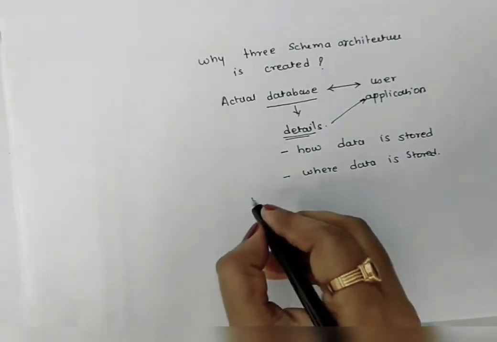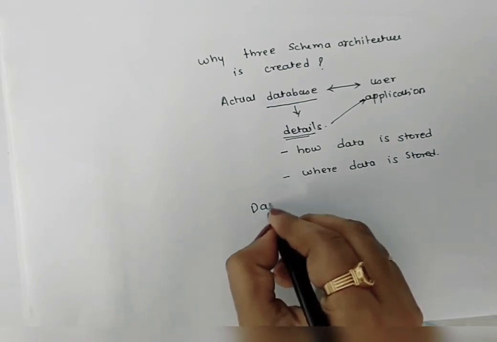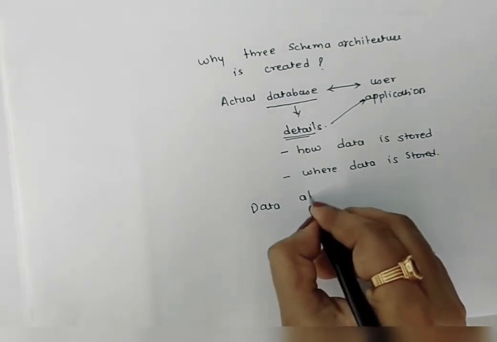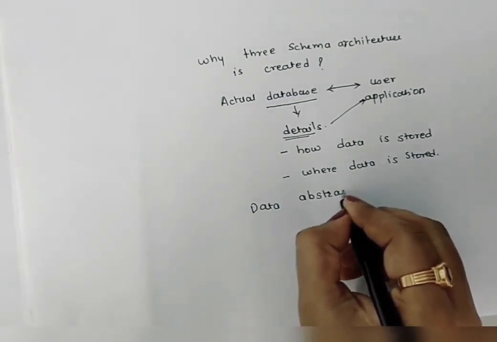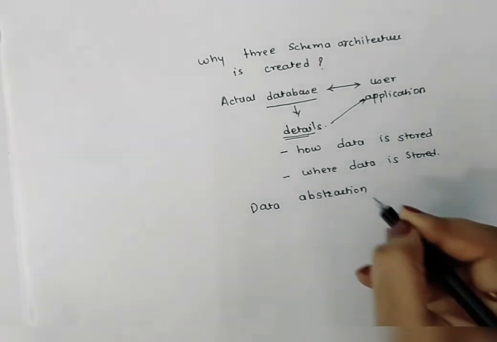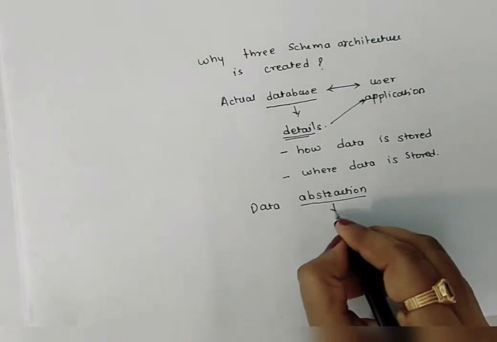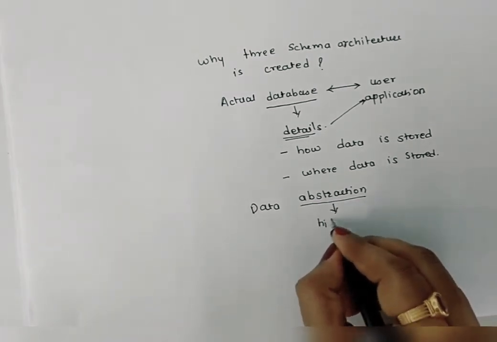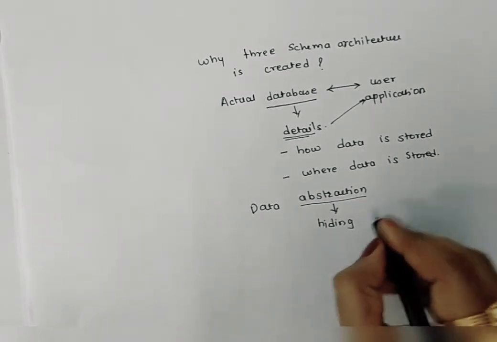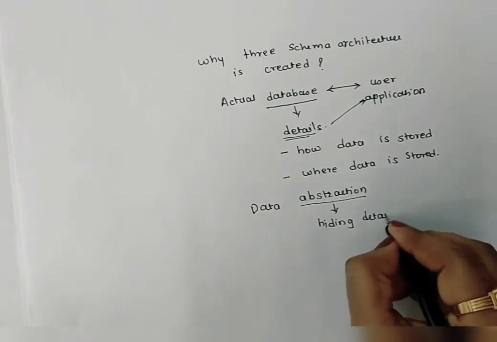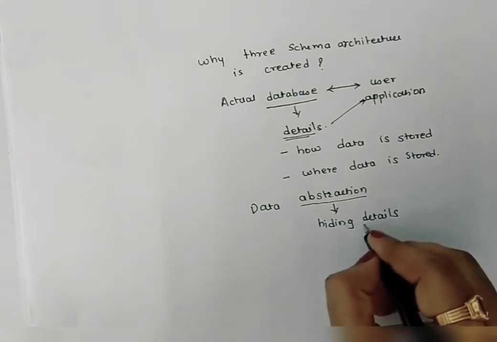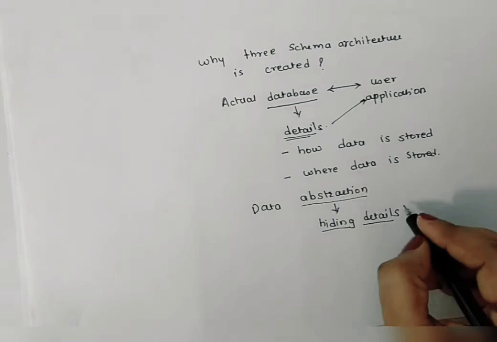So we can also call it as a data abstraction. Abstraction is nothing but hiding details. So here we are hiding details from user.